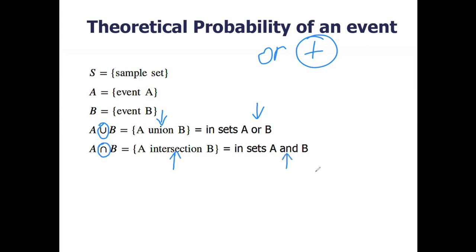So if you see in your paper A or B, they're talking about the union. They're talking about all of that together. A and B is talking about intersection, where those two have something in common. Say, for instance, with your dice again, you have even numbers and numbers greater than 3. Then 4 and 6 is something which those two events have in common, because 4 and 6 are both even numbers, and they're both numbers which are greater than 3. So just be aware of that.